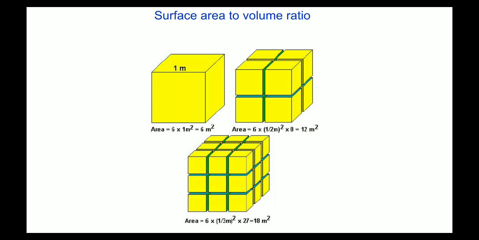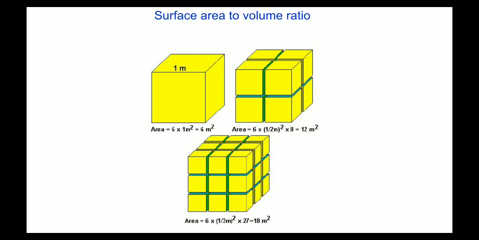If I cut it more, if I make more slices of it as shown in the below cube, now the number of cubes becomes 27. If we try to calculate the surface area of these 27 cubes, it comes to 18 meter square.